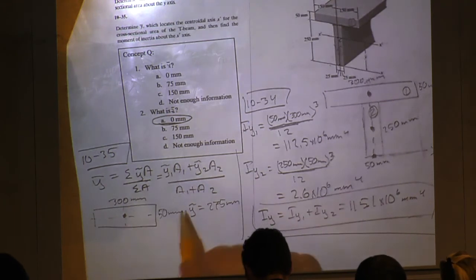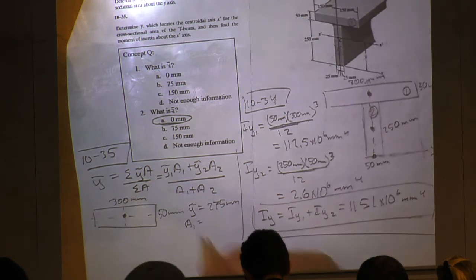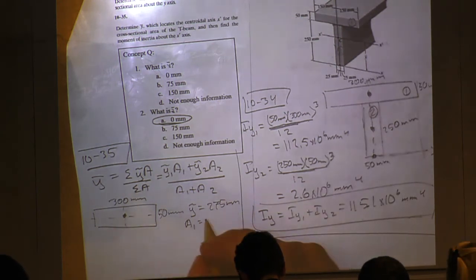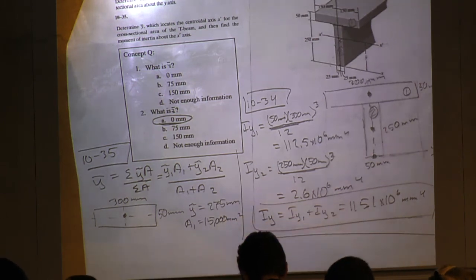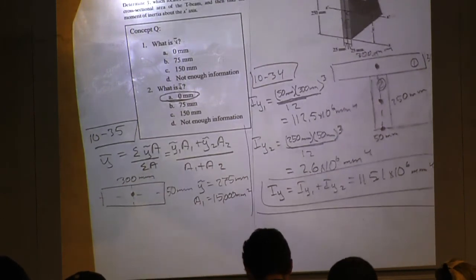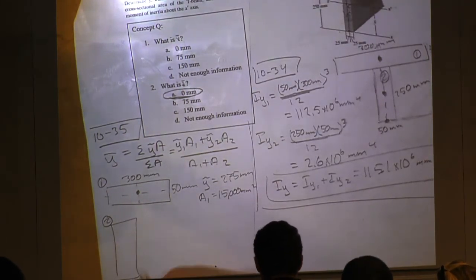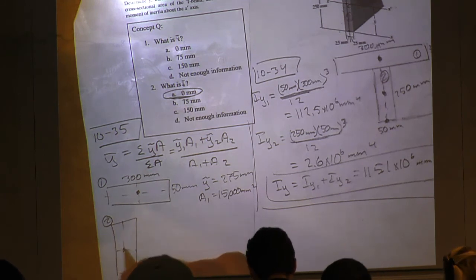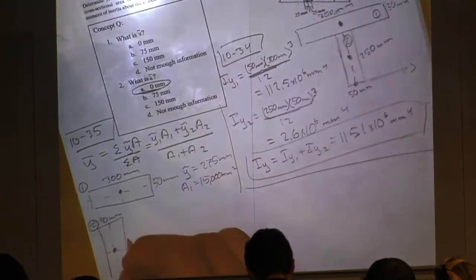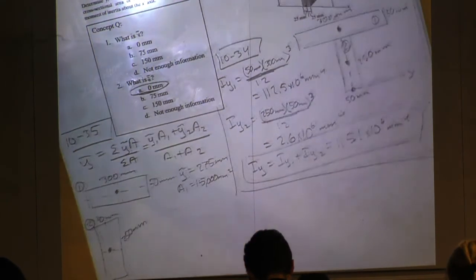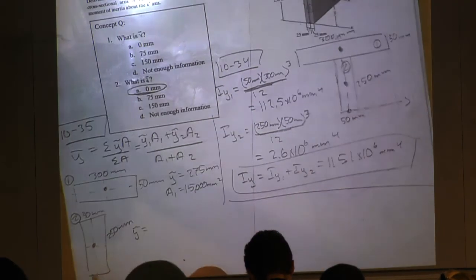Our area, we got it before. Well, actually, no, we haven't gotten it yet. I'm sorry. Which is 15,000. Right, and that's squared. And so our second, right, this is centroid. I know that's 50. Right here's 50. Centroid for this shape, half of 250, right, because this is where our axis is.